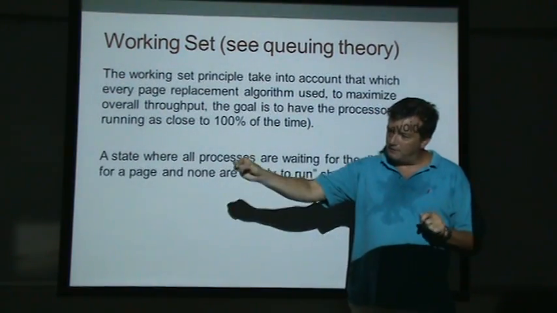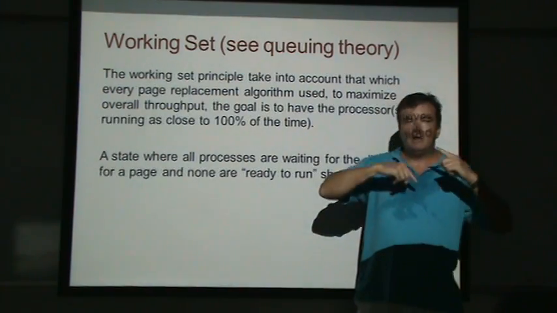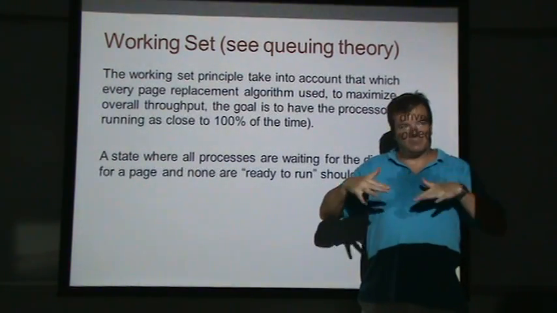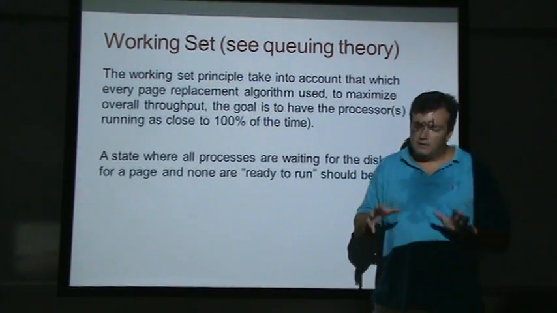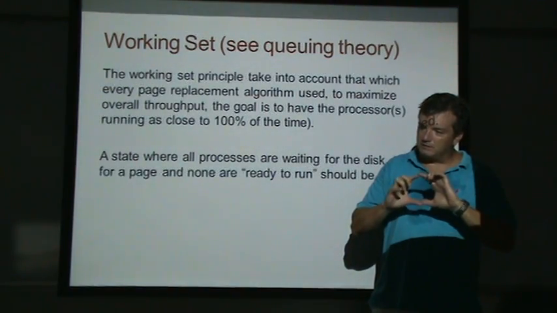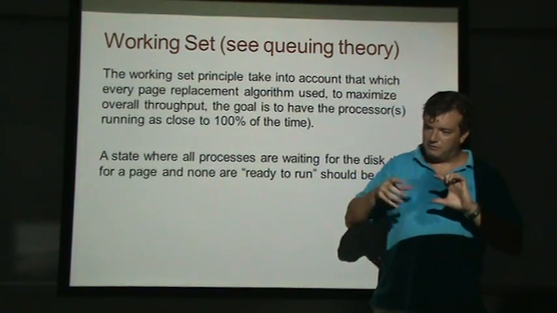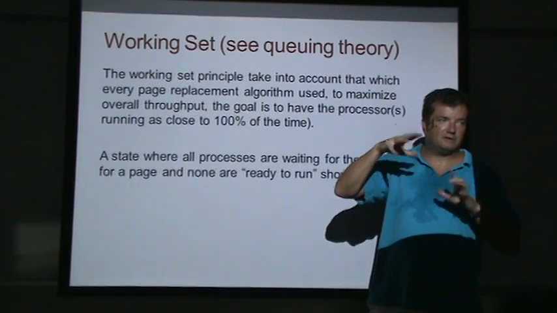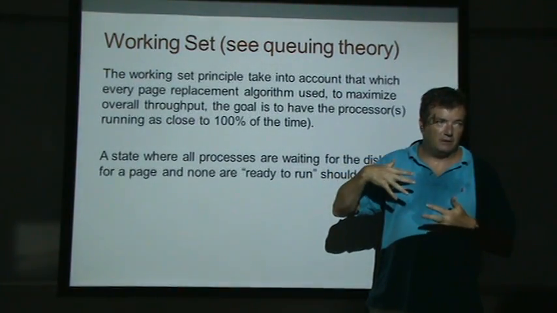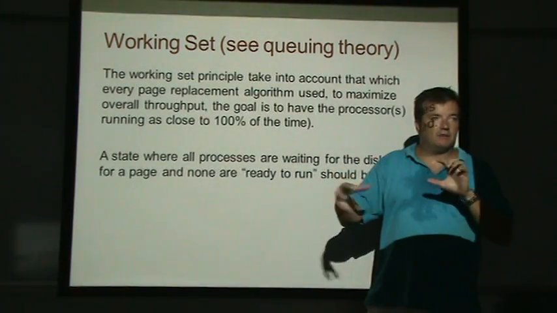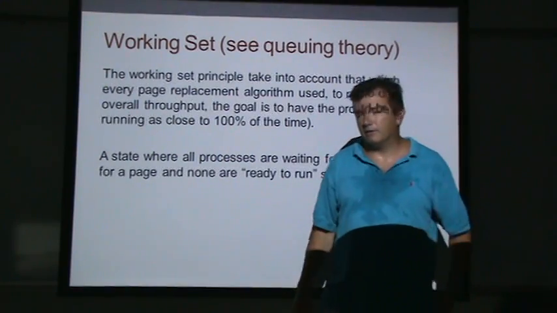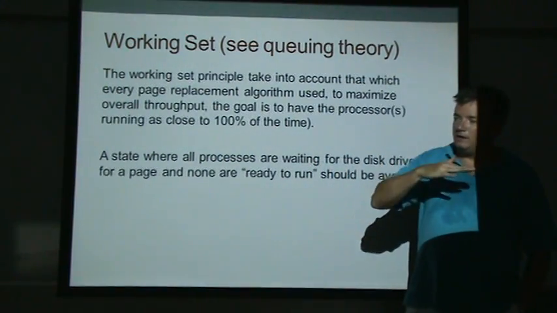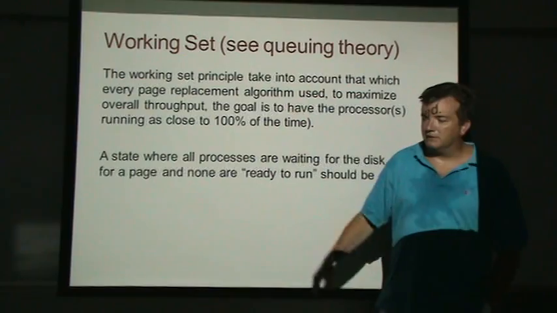So you have to go out to the disk drive and bring it into memory, update the tables, and then let the process go back to running. The process control block for the process that's waiting for the disk drive gets moved onto a queue that says it's waiting for the page to be loaded. Because there's no point in running it if the page it's trying to run is not in memory. So that gets put on a wait queue, and then hopefully some other process runs.